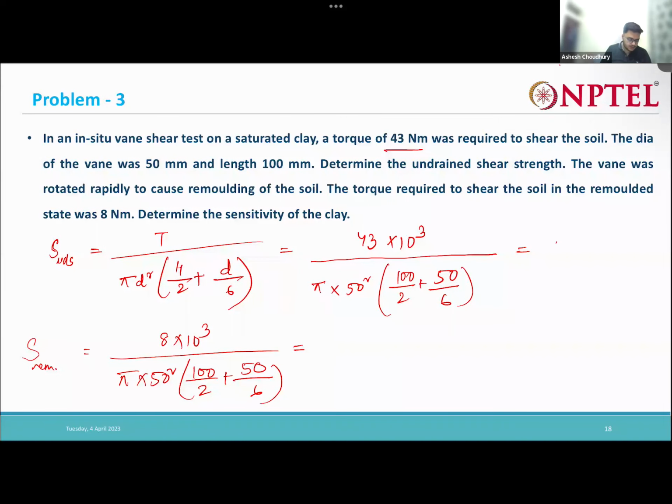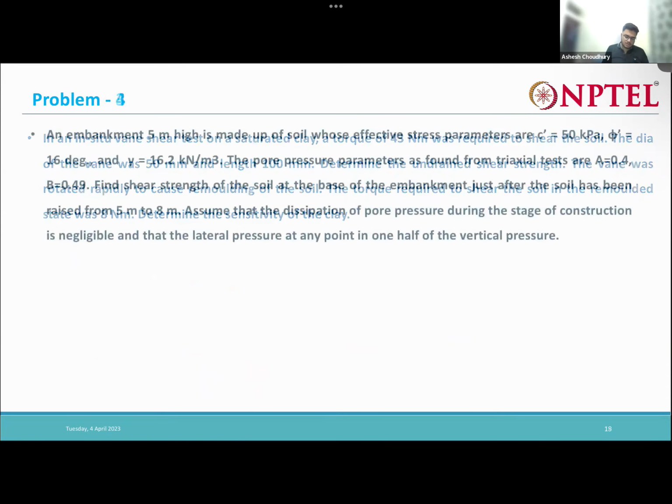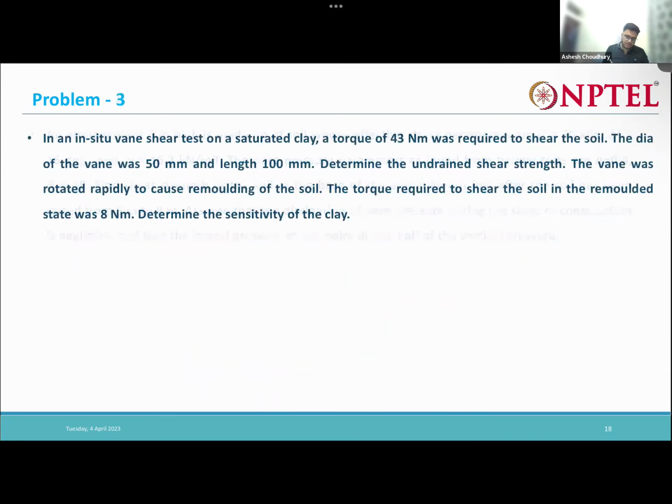So this one will be 0. Okay, now we need to determine the sensitivity.